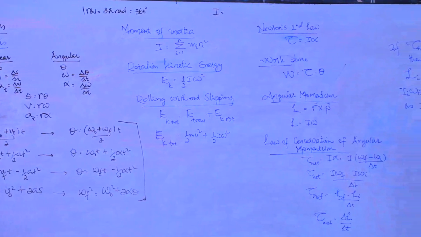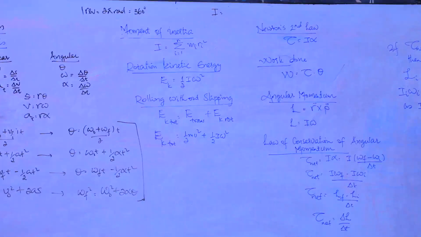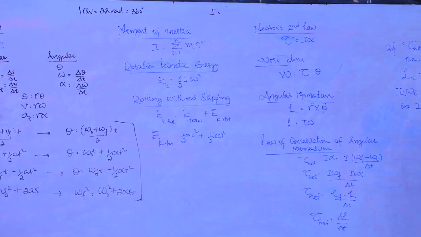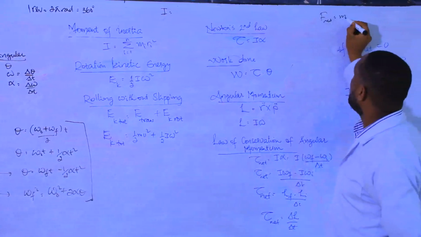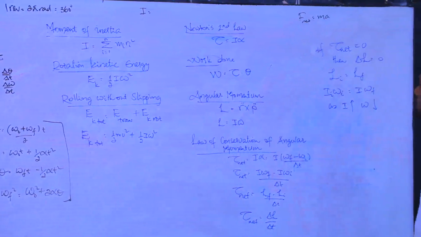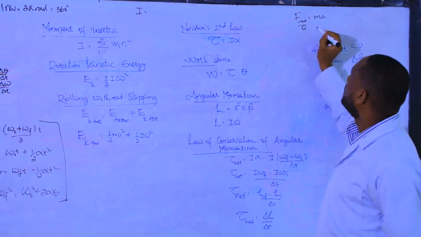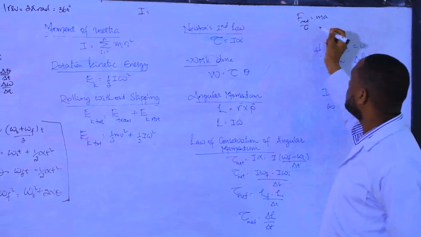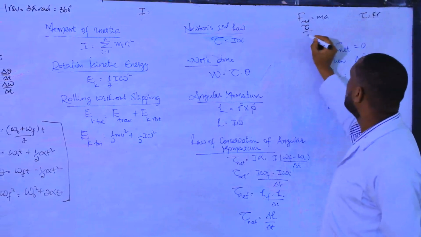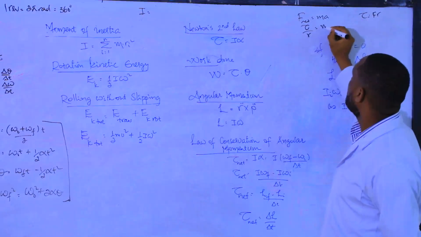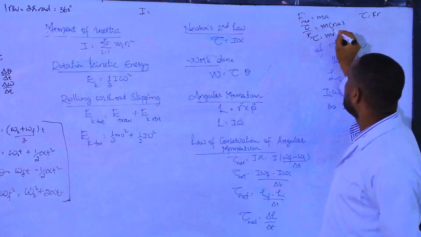Now let's see how we can apply Newton's second law for angular motion. We know that Newton's second law for linear motion states that net force acting on an object is equal to mass times acceleration. Torque is defined as force times R, so torque is equal to M times R times alpha times R. So torque is equal to m r squared times alpha.